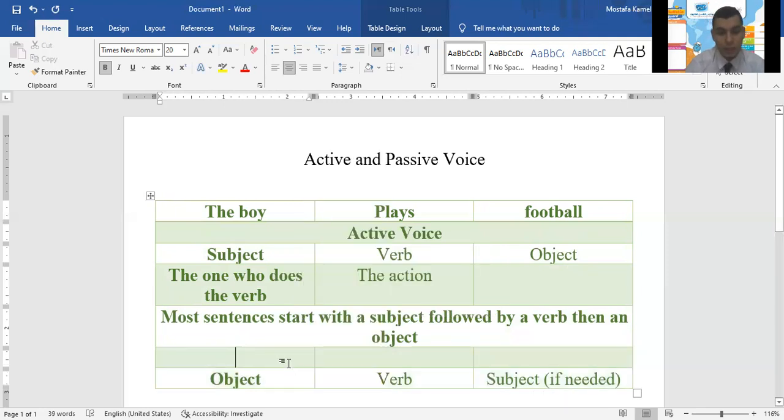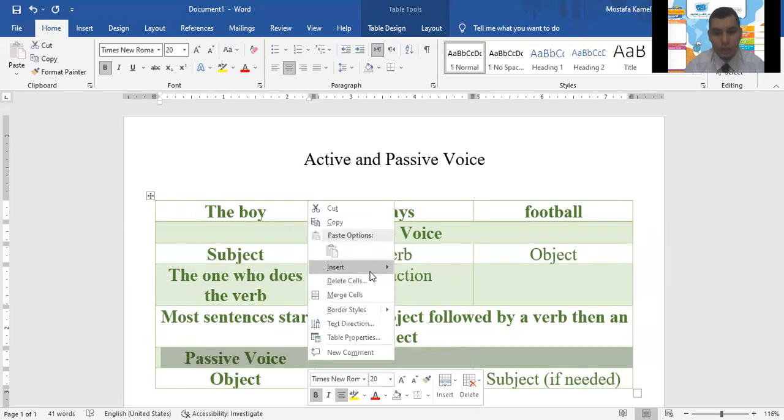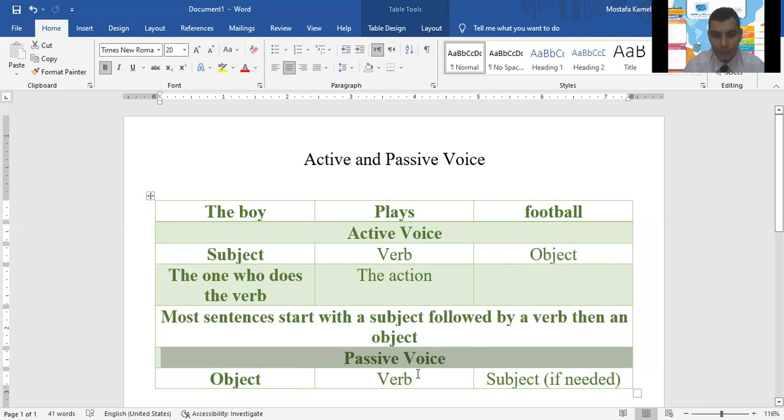But here in the passive voice, is it totally the same or totally different? Totally different. The object is at the start. Yes, the object is in the beginning and the subject is at the end.